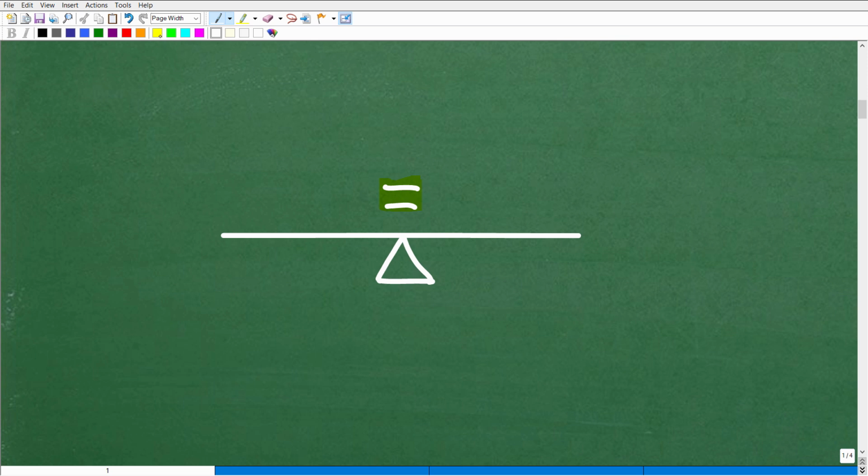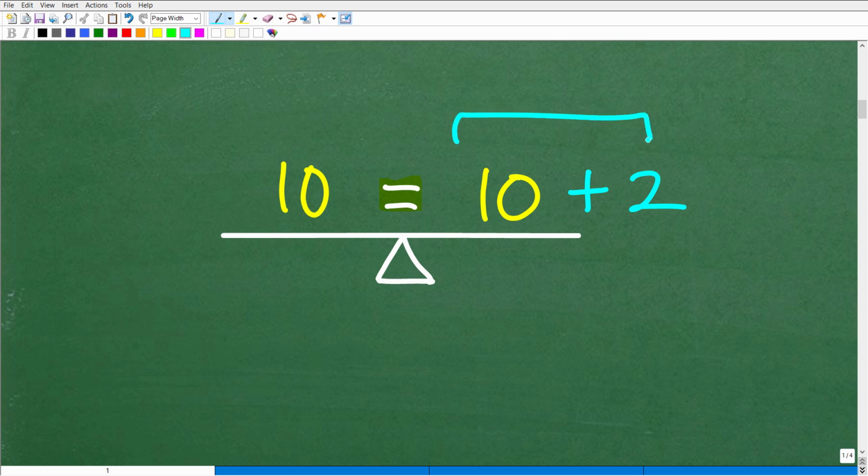So for example, if I have 10 over here and 10 over here, the golden rule of algebra is the following. You could do whatever you want to one side of the equation, perform any operation. For example, let's add 2 to this side of the equation. Right now we've made this side heavier, right?